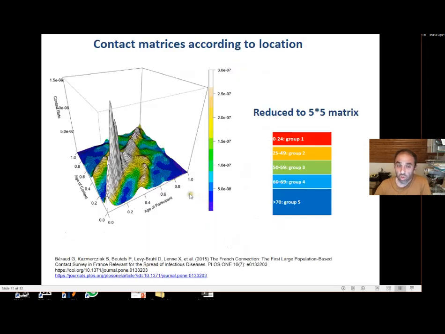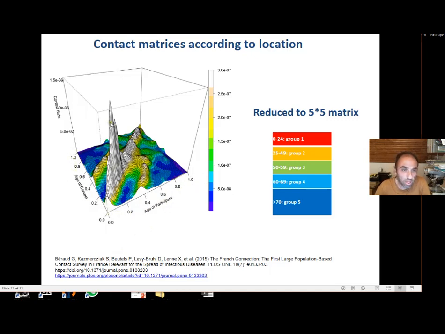So to account also for the frequency of contact between these 5 groups, we use a specific contact matrix that was published in this very nice and documented paper published in PLOS ONE by this group, where basically you can see here the age group and the contact they made with a different age group.